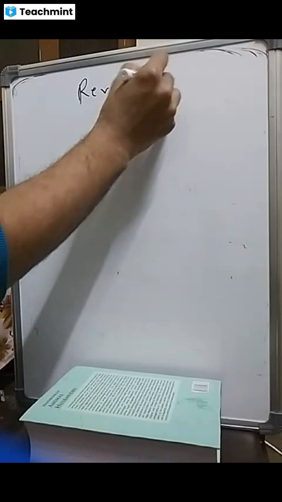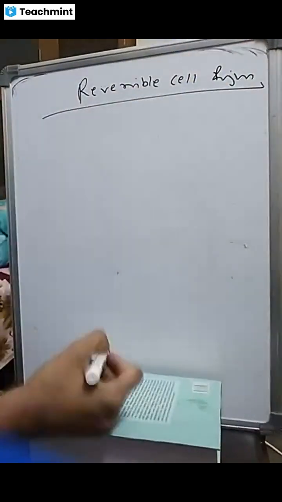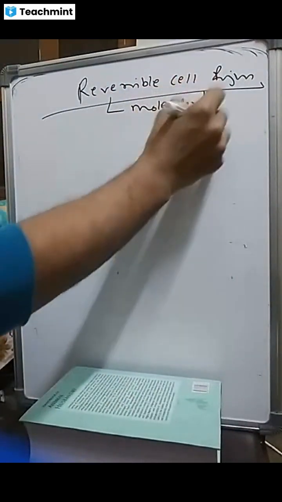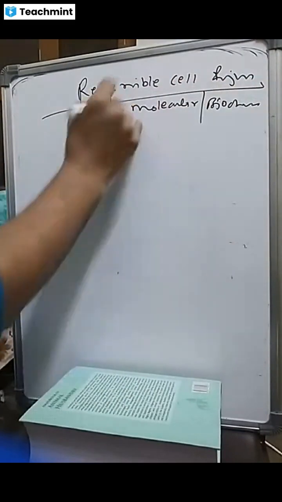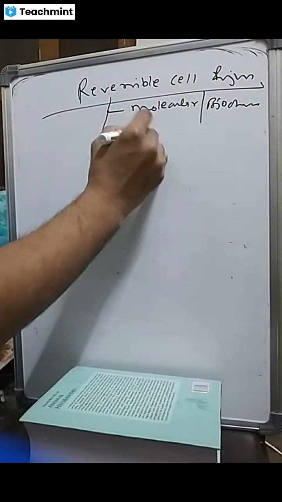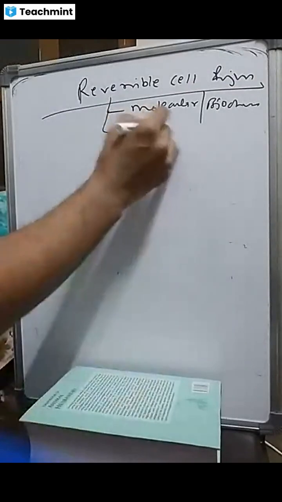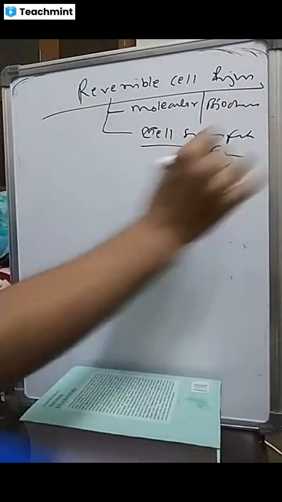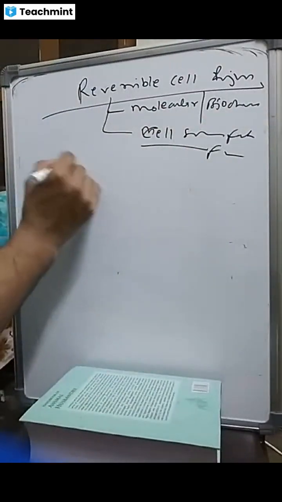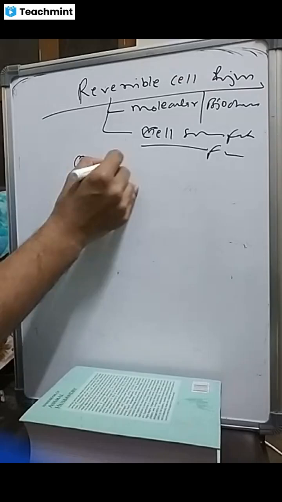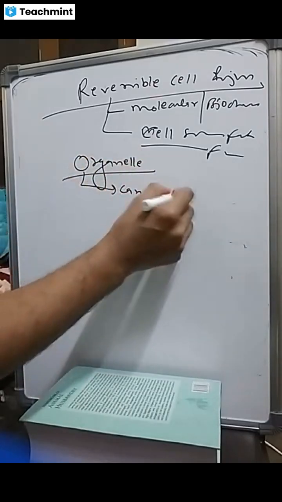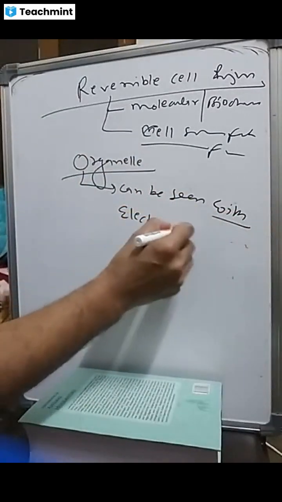Reversible cell injury. We have seen the molecular or biochemical mechanism, and the morphological features like cell swelling, fatty change. Now we'll see what happens at the level of organelles. Organelles can be seen with the electron microscope only.